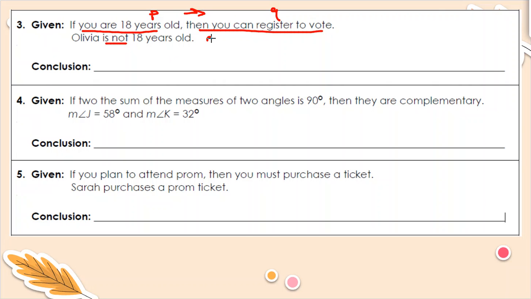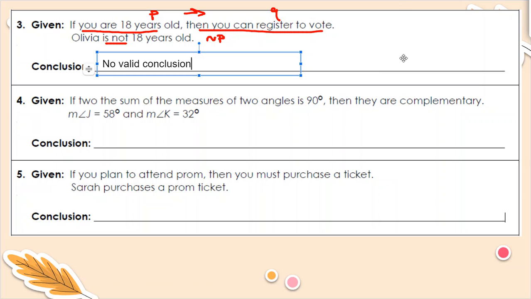So we have been given a not P. The law of detachment says that I have to have if P then Q followed by a P. We have been given a not P, so our conclusion is none. We are not able to draw a conclusion, so you would write no valid conclusion. You can't just automatically negate Q and come to that conclusion, because an inverse is not necessarily true.